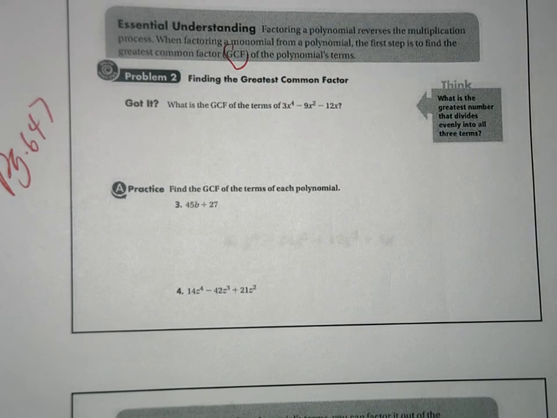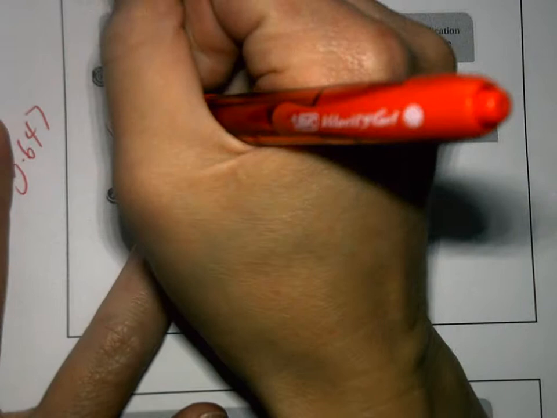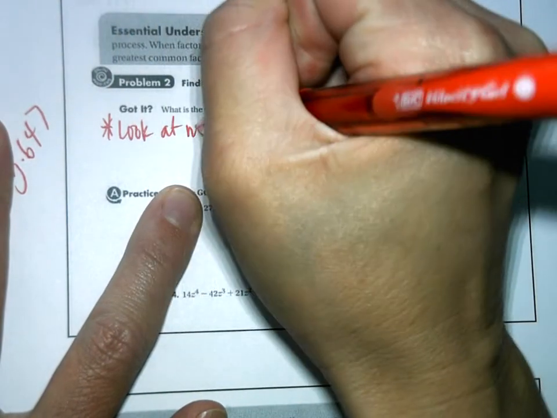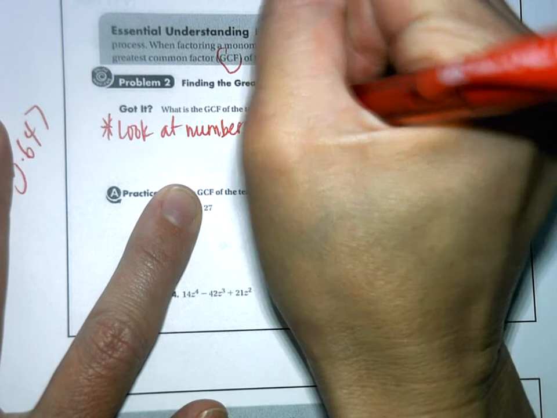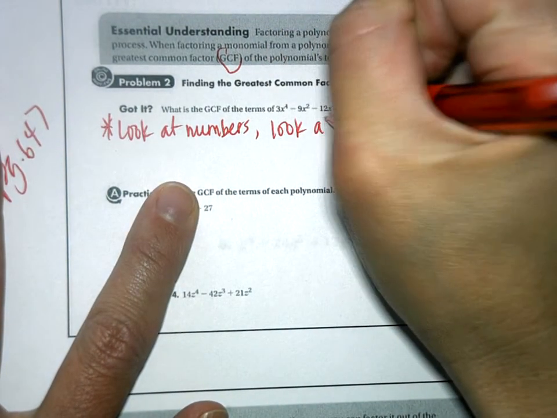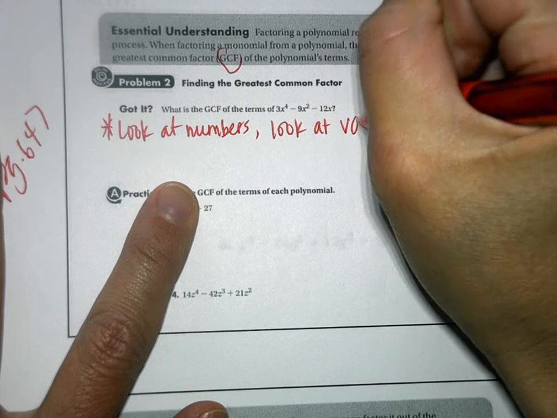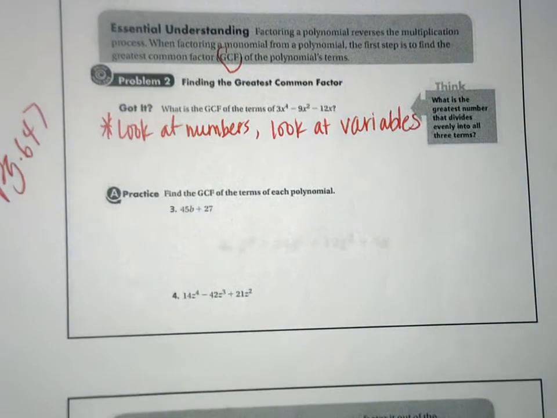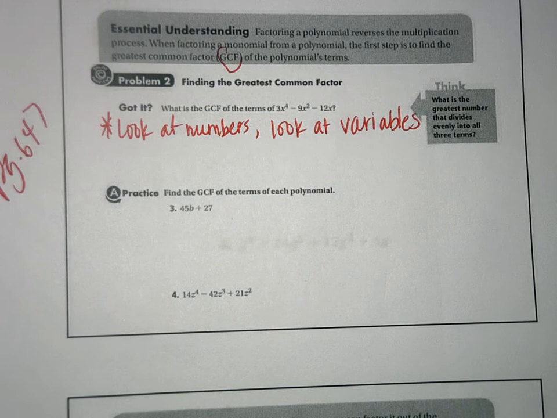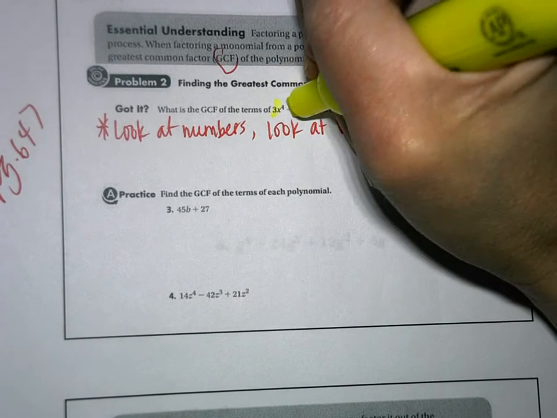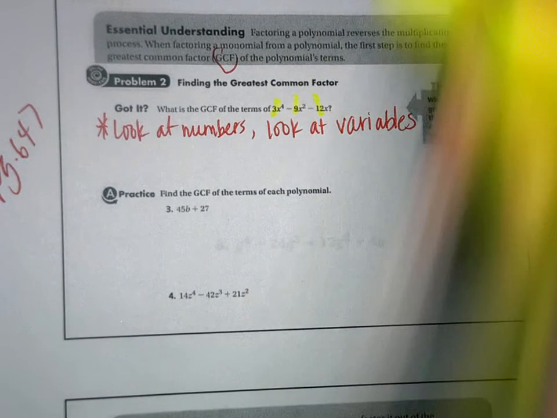So the first thing I always like to do is to first look at the numbers, and then after that, I look at the letters, or variables. I always think of those as two separate pieces. So if I start by looking at my numbers, I have a 3, a 9, and a 12.